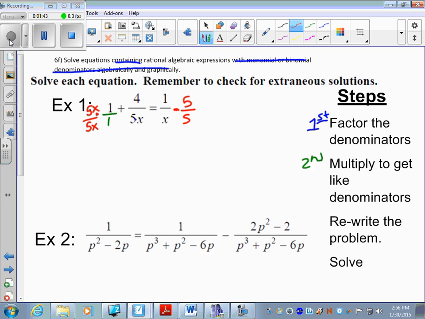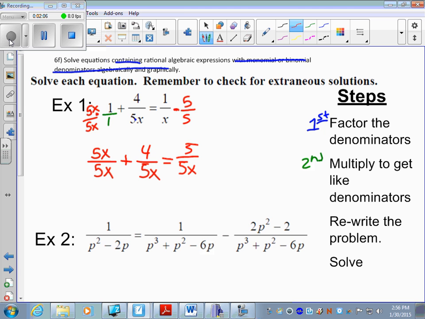So let's multiply this all out. We have 5x times 1 is 5x over 5x, plus the middle fraction we didn't do anything with because it already had the common denominator we were looking for, 5x. And then equals 1 times 5 is 5, x times 5 is 5x.